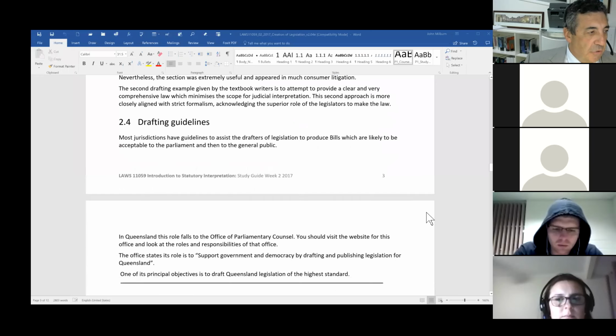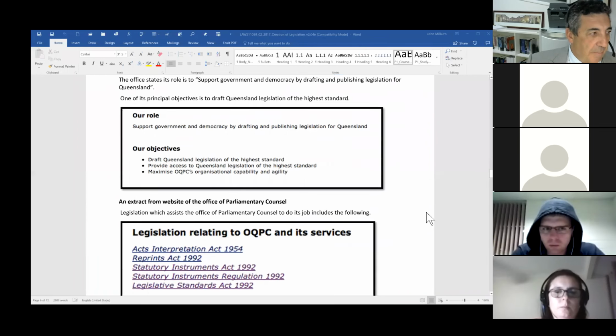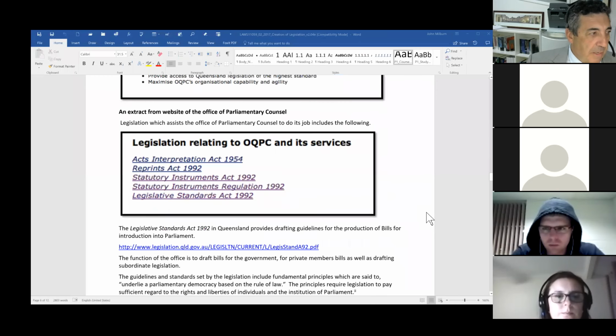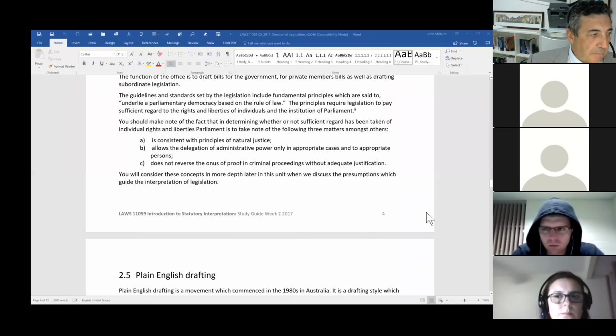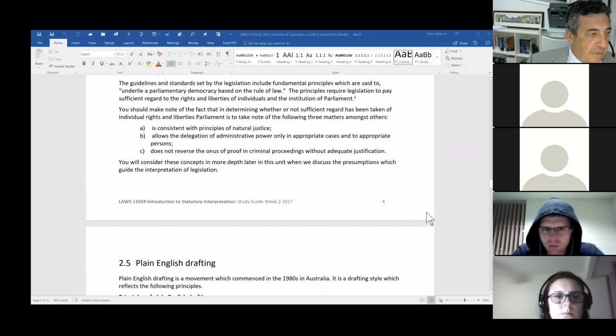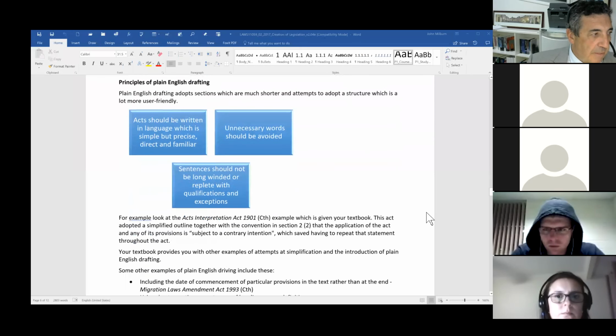There are certain drafting guidelines that you should consider in the context of Parliament making laws. And if you look again at the Office of the Parliamentary Council, you'll see some worthwhile statements about how those guidelines are followed. Also, there is the handbook that you can access through the government.